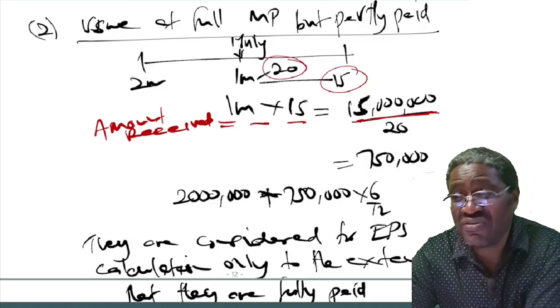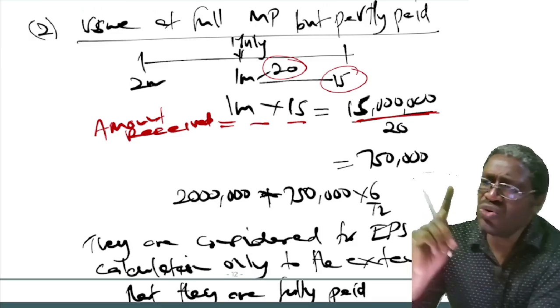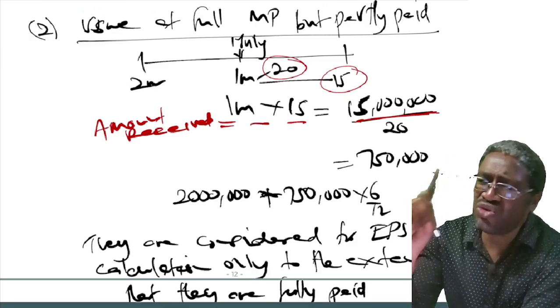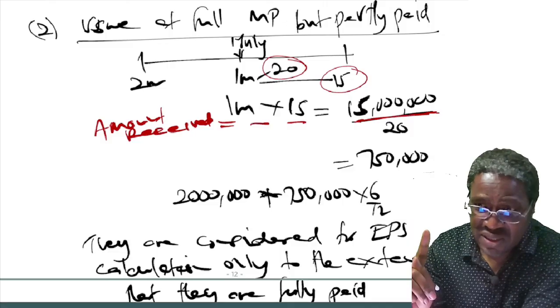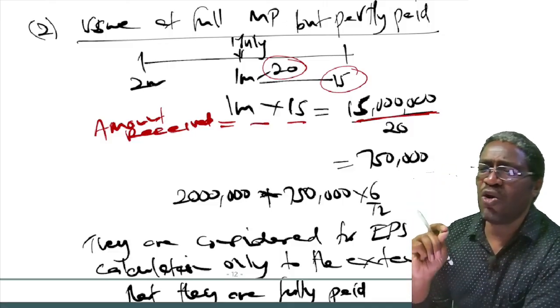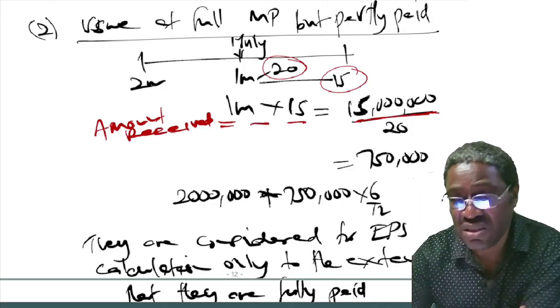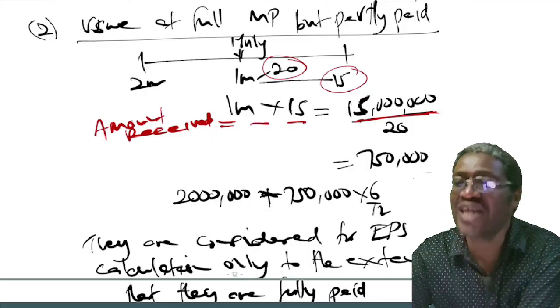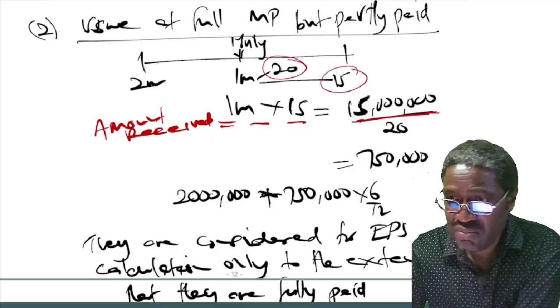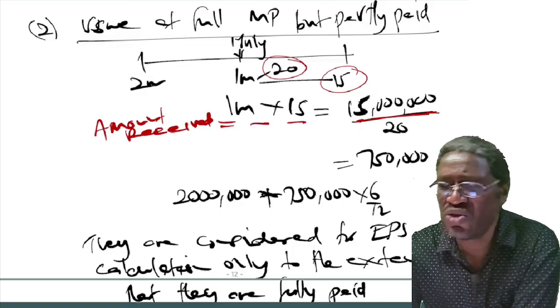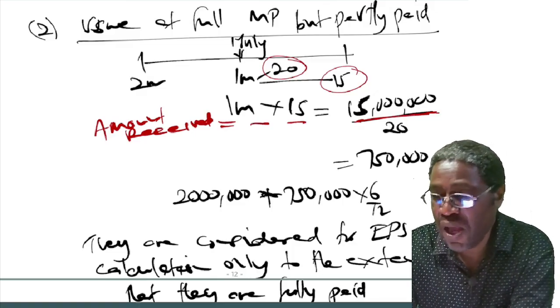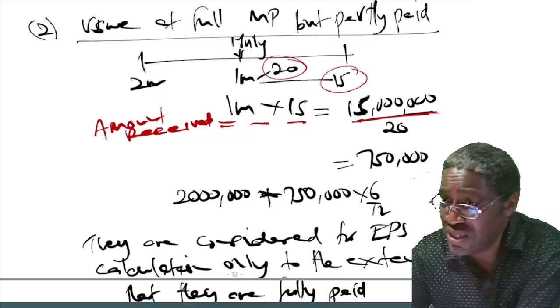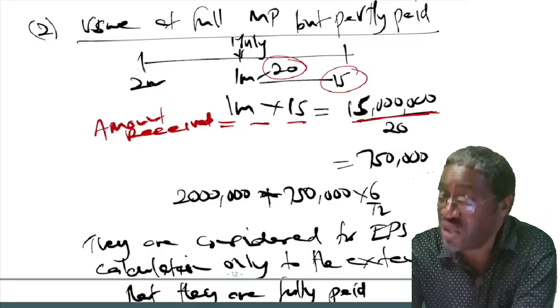Then I have said, if they were to use their 15 million and go to the stock market, they will not be allowed to buy a share of 20 at 15. They can only buy a share at 20 bob. But they came to the company and we gave them the privilege of paying slowly. But if they were to go to the market and buy the shares, they will buy them at 20 bob.